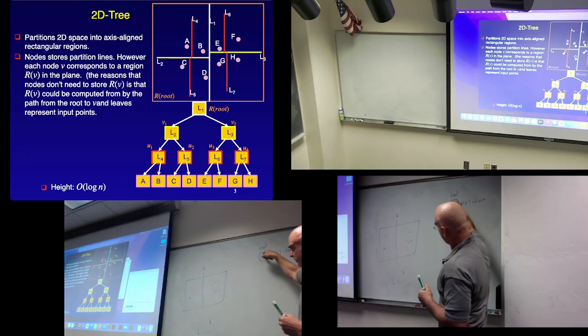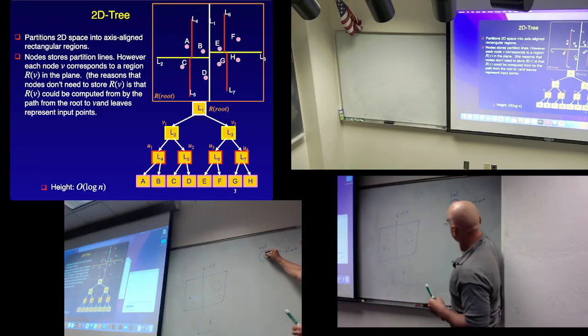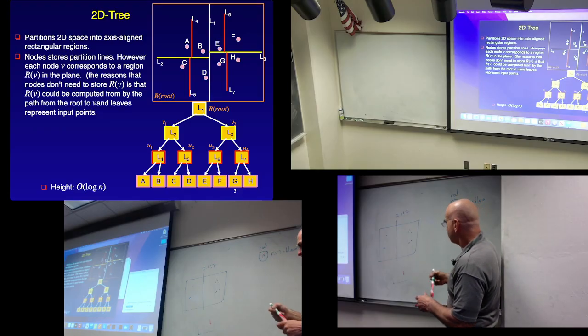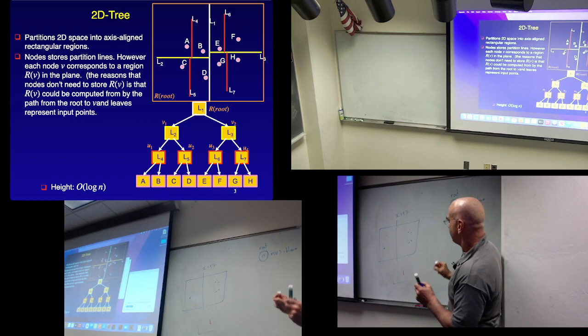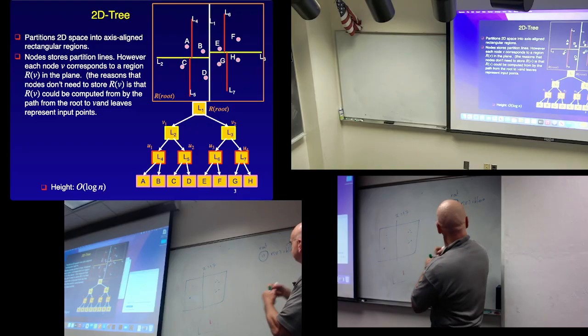So what I stored here, if this line is x equals 17, then all I stored in the root is the number 17. I mean, it's a bit anachronistic in the way that people really were struggling with bits, minimizing bits.